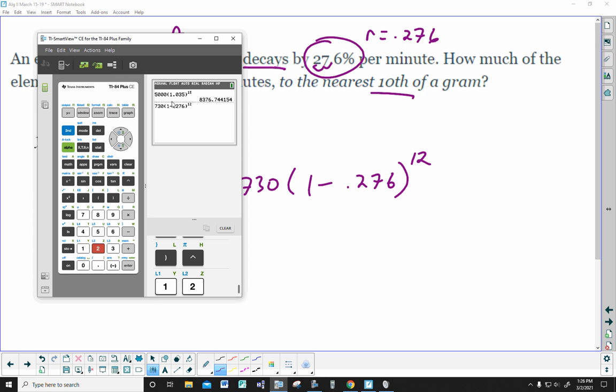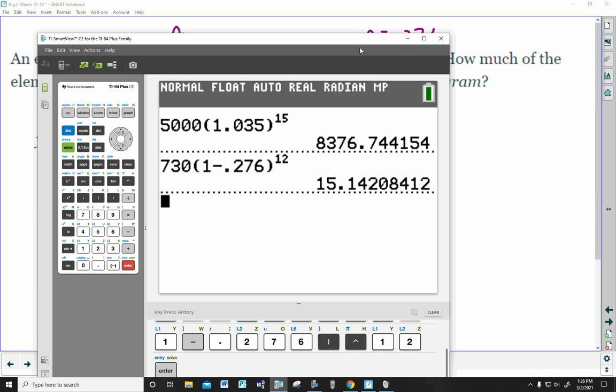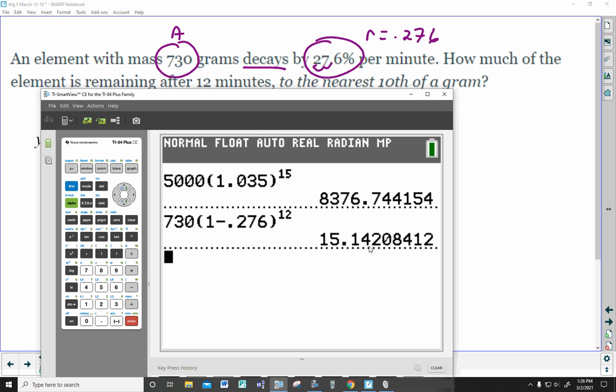And notice you don't have to figure that number out. You can just type it in as is. You just type it in, let the calculator handle it. Enter. And it said to the nearest tenth of a gram, so that's the first decimal point, so 15.1 would be your answer.